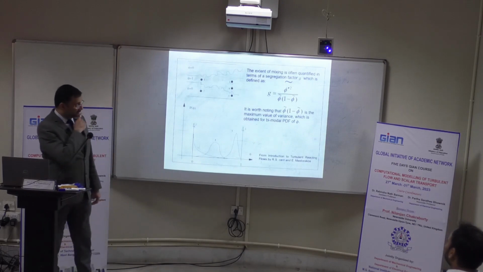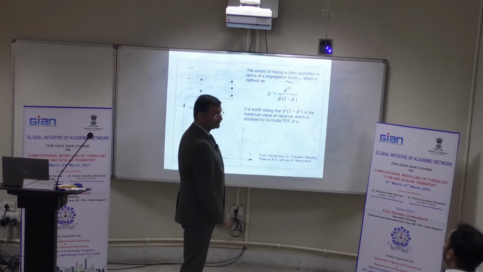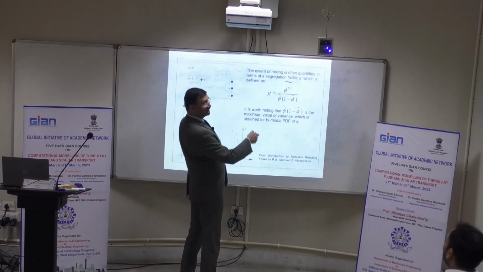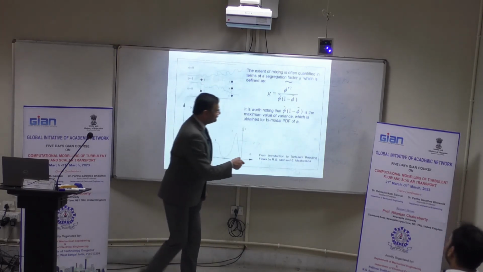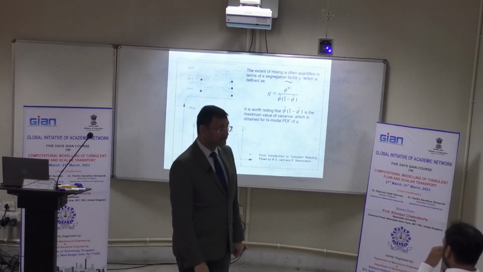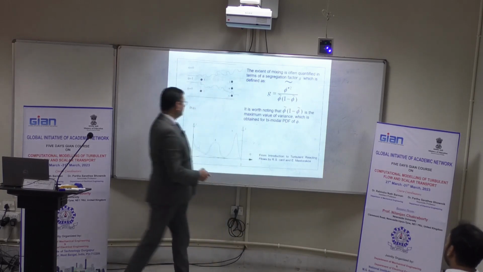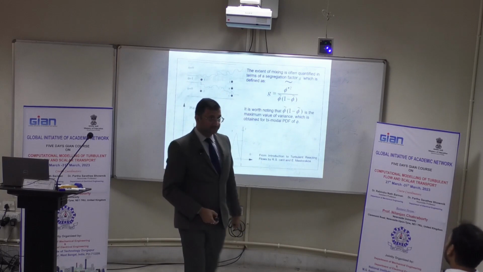The extent of mixing is often quantified by this. It's called the segregation factor. This is the variance divided by this, which is the maximum possible value of the variance that you can get. Okay? You get these values only for a bimodal distribution when they are completely segregated from each other.